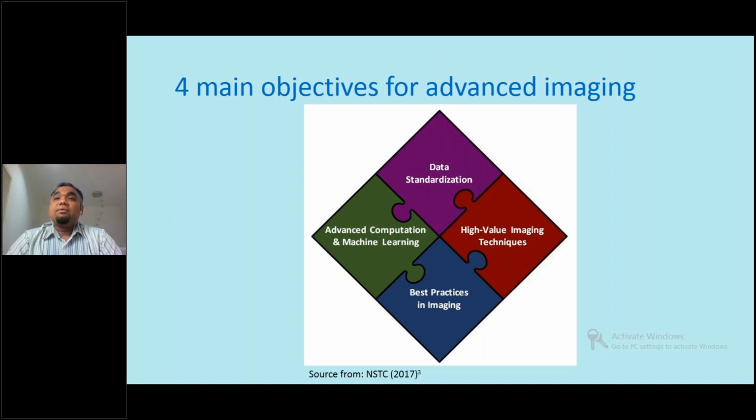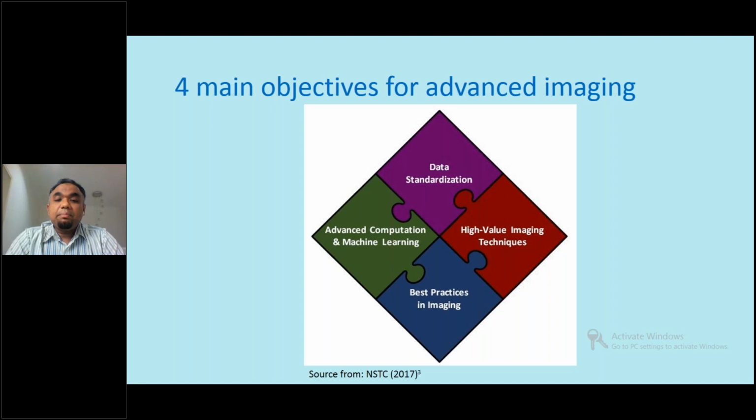The new machines give us new sequences and new protocols that we can utilize to diagnose a particular disease. In my field, when talking about PET-CT scan, there will be new radiotracers introduced to patients, where the characteristics will be different compared to the commonly used FDG, or fluorodeoxyglucose.